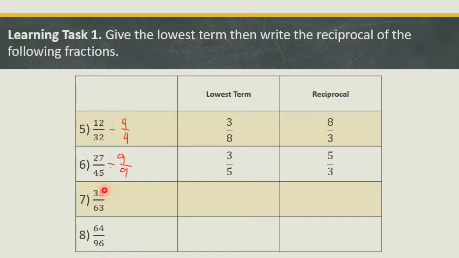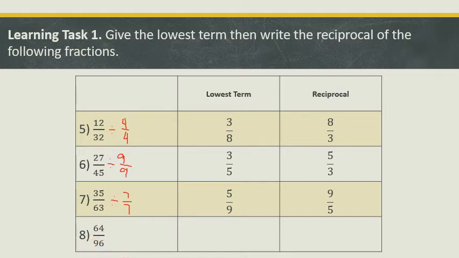Next, number 7. Ang common factor ng 35 at saka ng 63 is 7. So, 35 divided by 7 is 5. 63 divided by 7 is 9. So, 5/9. Ang 5/9 kapag kinuha natin reciprocal ay magiging 9/5.